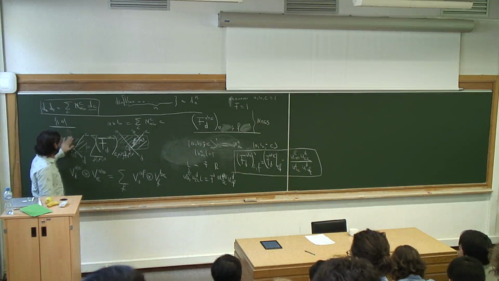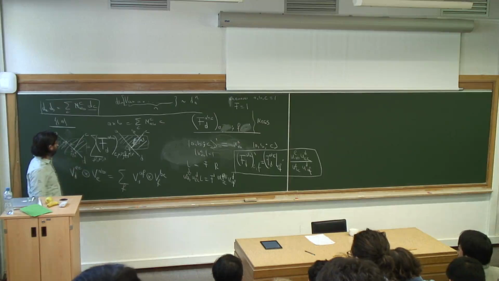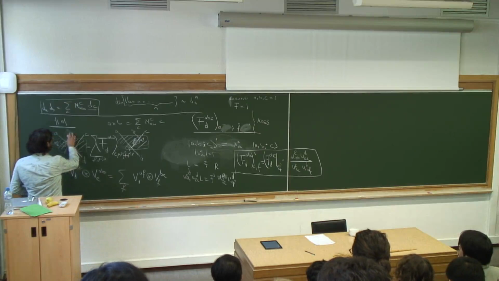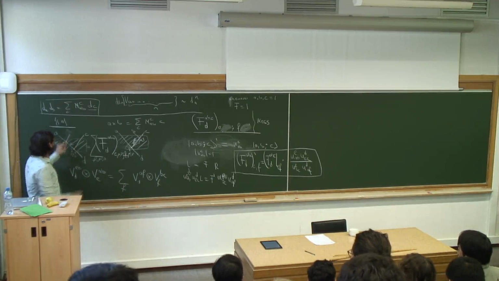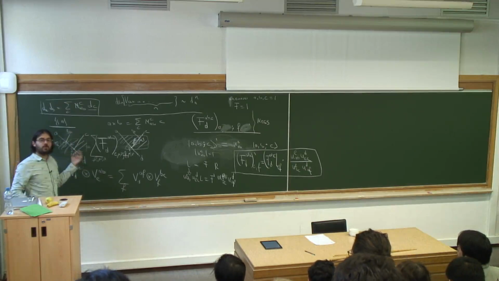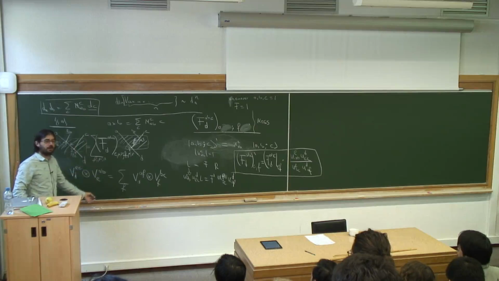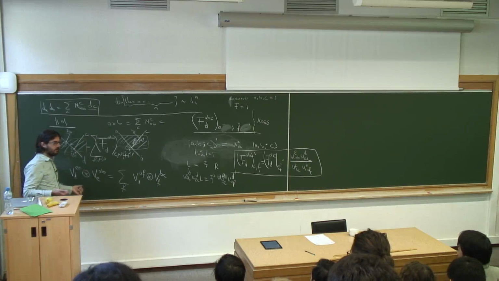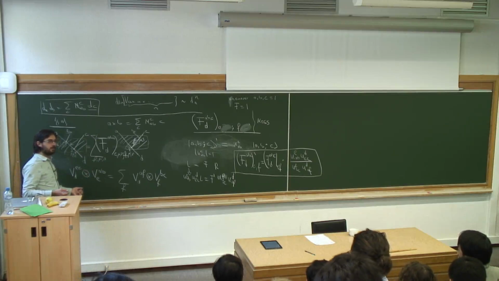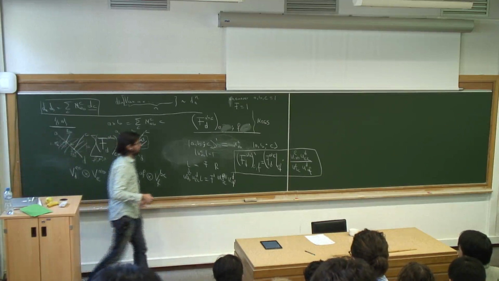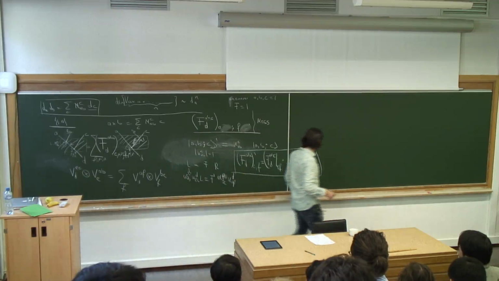If I fuse to vacuum, I don't get anything. So this is trivial, and there's only one fusion channel then, right? Is it clear that if either A or B or C is equal to 1, then the F will just be 1? Because there are no multiple diagrams to expand in. Yeah? Okay.